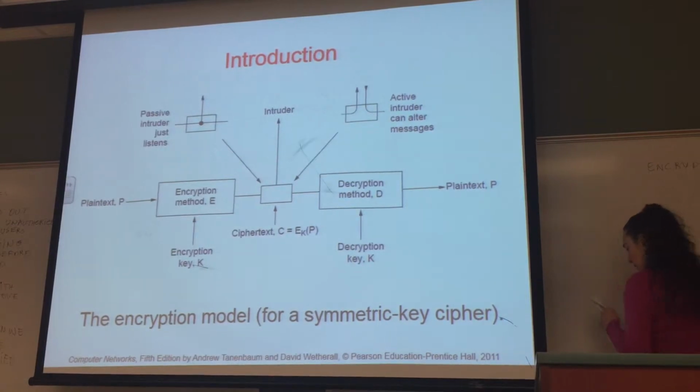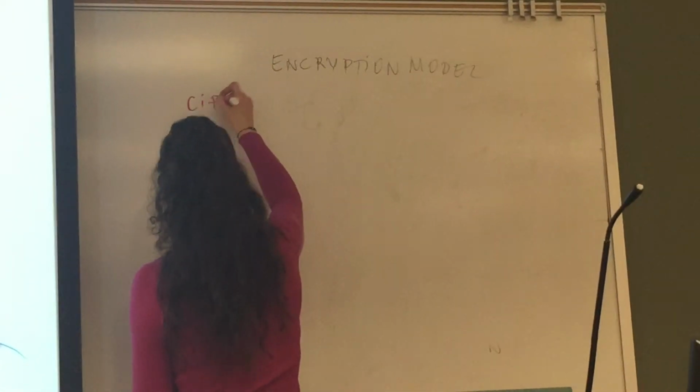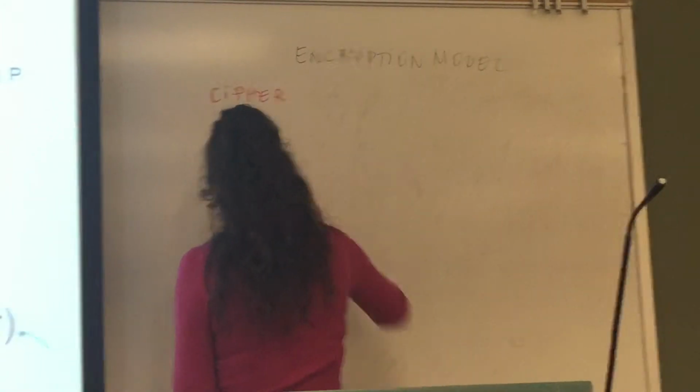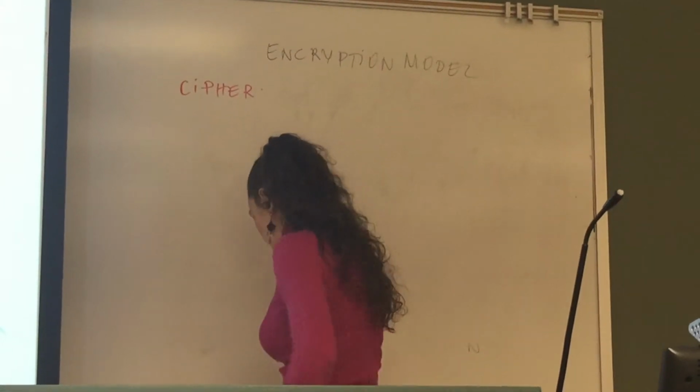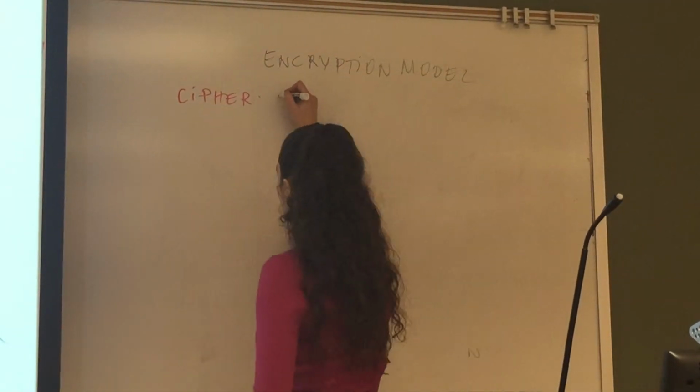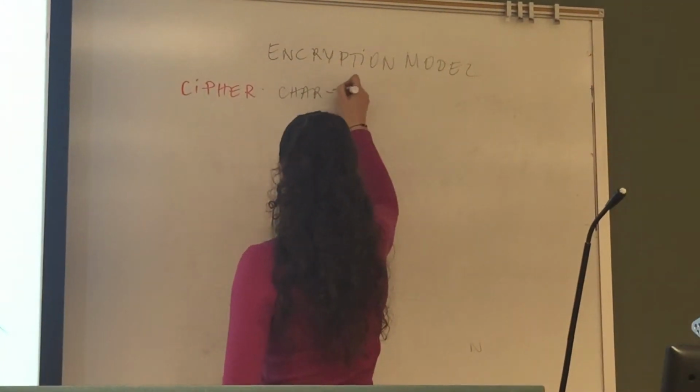With the encryption model, we have something called a cipher. A cipher is a character-for-character or bit-for-bit transformation.